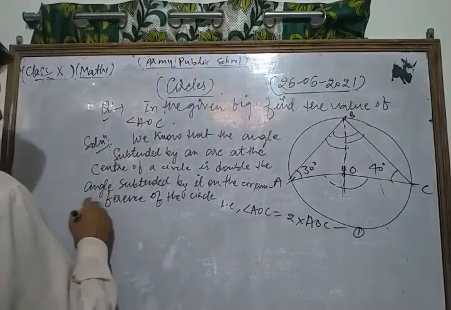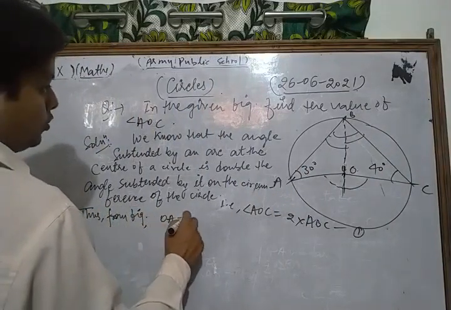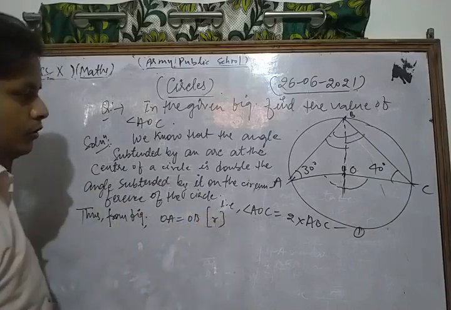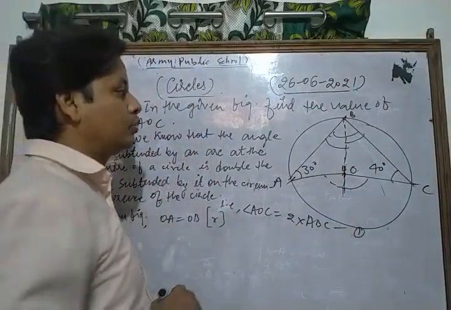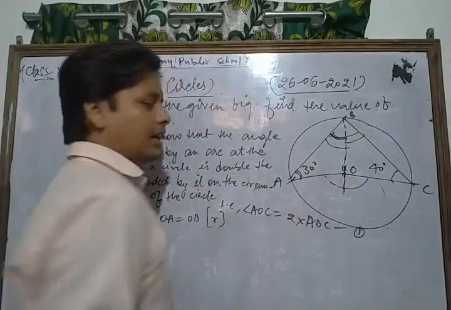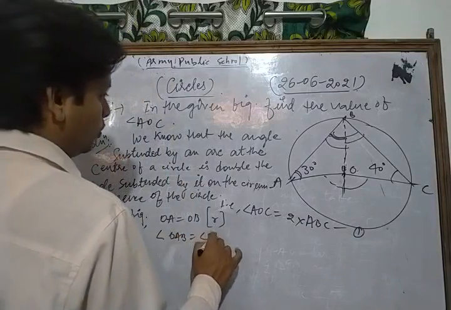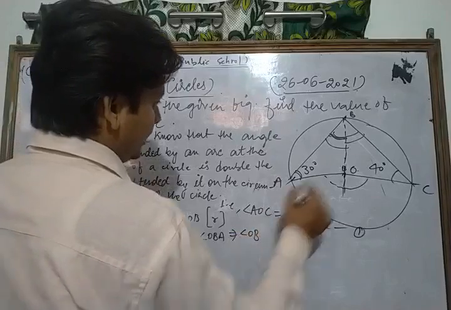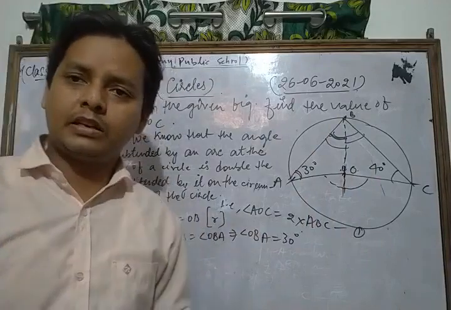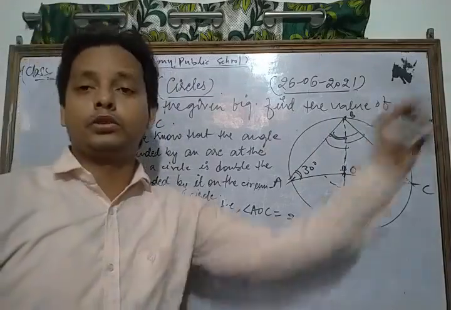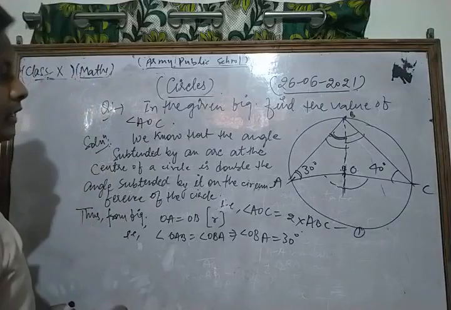So look, from the figure OA is equal to OB, each equal to radius R. Then you know that the angles opposite to equal sides are also equal, that is angle OAB is the same as angle OBA. So angle OBA is 30 degrees.